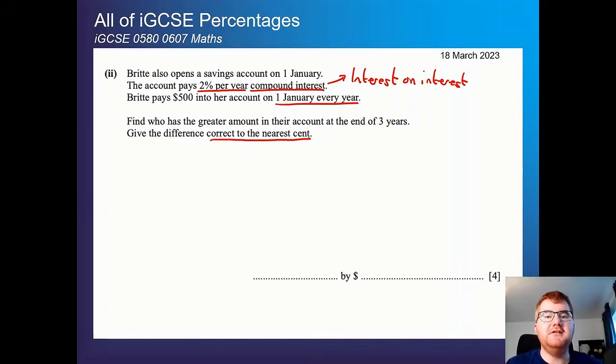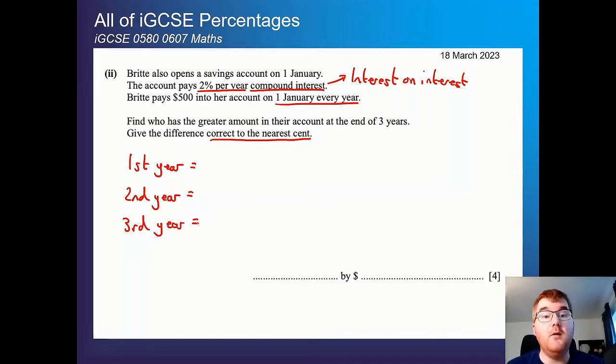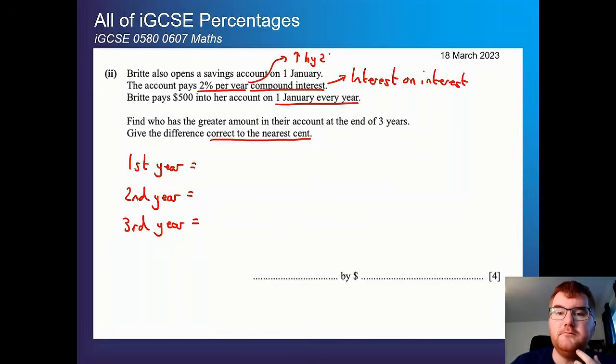So the first thing we need to do is work out how much Britta has after 3 years. So in this kind of problem, we can just structure this by working out the first year, and then the second year, and then the third year as well. So there is a formula for compound interest we need to be aware of. Remember, if we're increasing by 2%, well, 100% plus 2%, that's equal to 102%.